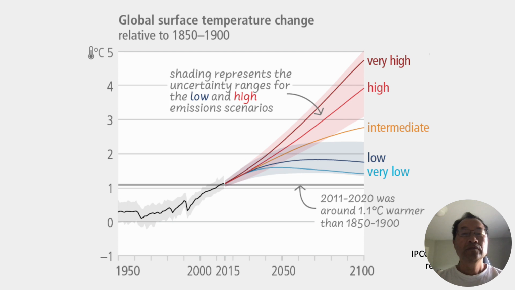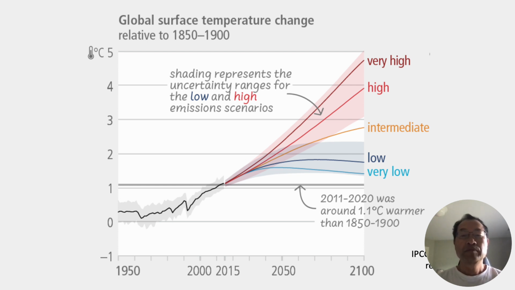As you may know, global surface temperature has increased by about 1.1 degrees above that in the pre-industrial era. The model has predicted that global surface temperature may increase up to 4 to 5 degrees by 2100 under the high emission scenario.